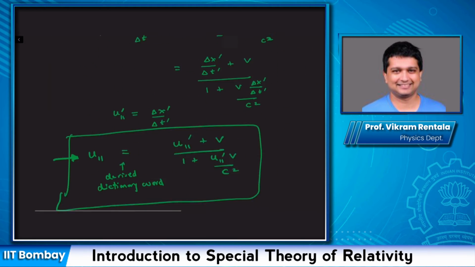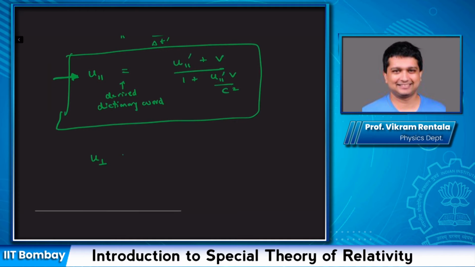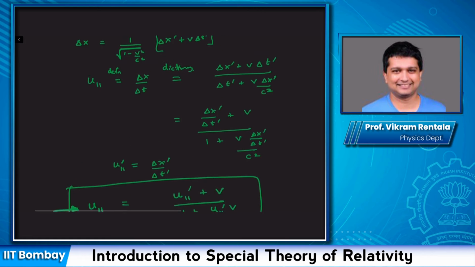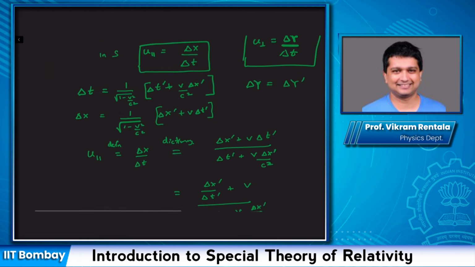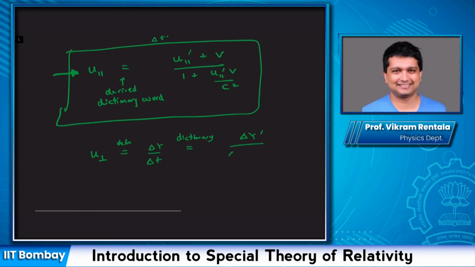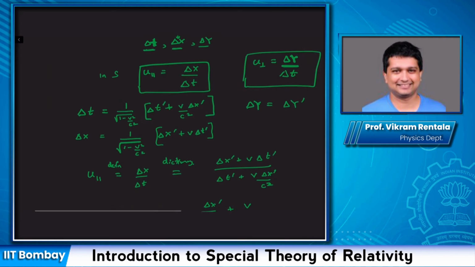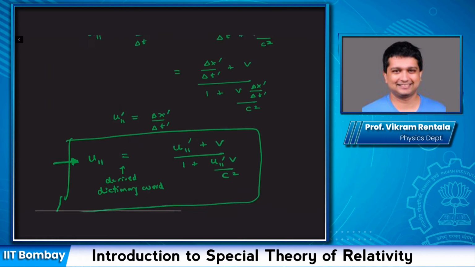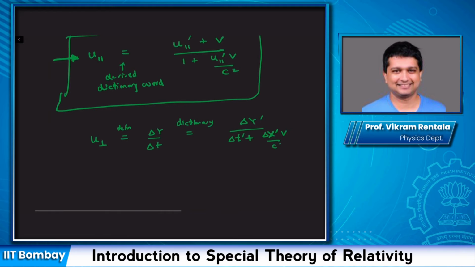And so the dictionary word for u perpendicular, which is by definition delta y over delta t, we can use our dictionary now to tell us that this will be delta y prime over, using our expression for delta t, we get delta t prime plus delta x prime times v over c squared.